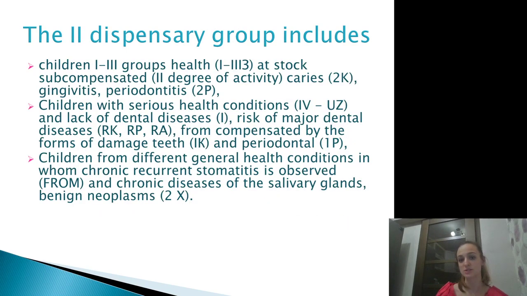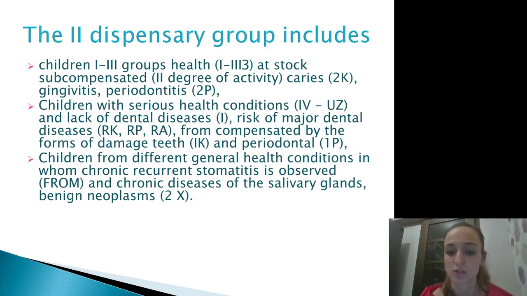The second dispensary group includes children from first to third health group with compensated caries, gingivitis, periodontitis, children with serious health conditions, yes. It is a risk of major dental diseases from compensated forms of damaged teeth and periodontal.